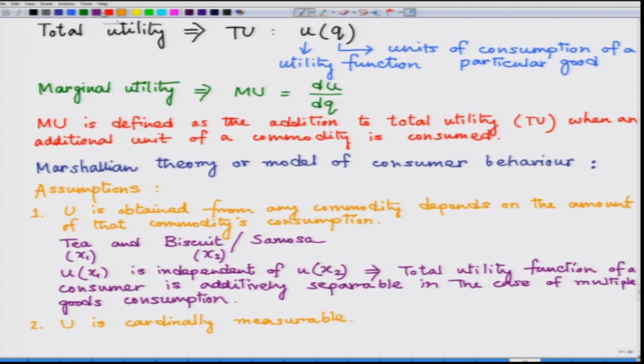The implication is this: by this assumption, Marshall assumes that total utility could be measured by cardinal numbers.